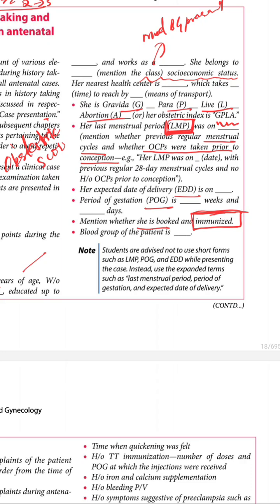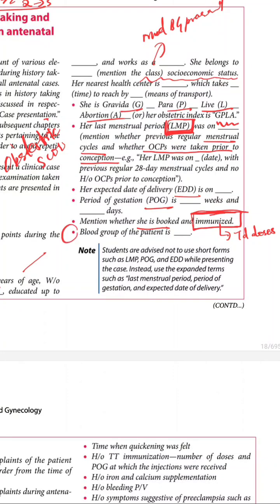But no, you need to mention whether she is booked and also immunized. Immunized means you are telling the TD doses. If the 2 TD doses are taken 4 weeks apart, then you will say the status as immunized.